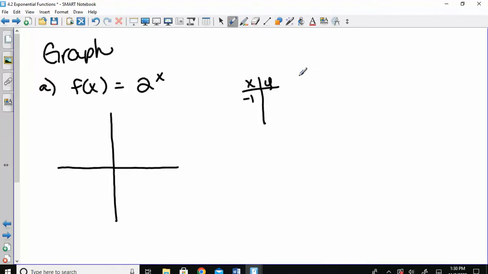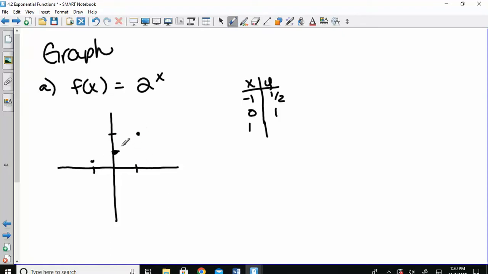Flips it. So 2 to the -1 means 1 over 2, or 1/2. So -1 gives us 1/2. If you put in 0, what's anything to the 0 power? 1. If you put in 1, what's 2 to the first? 2.